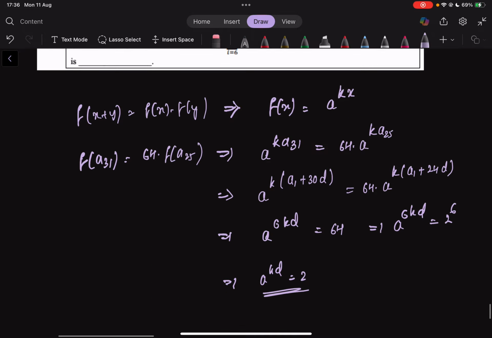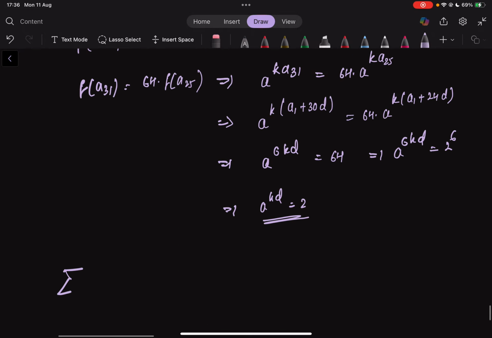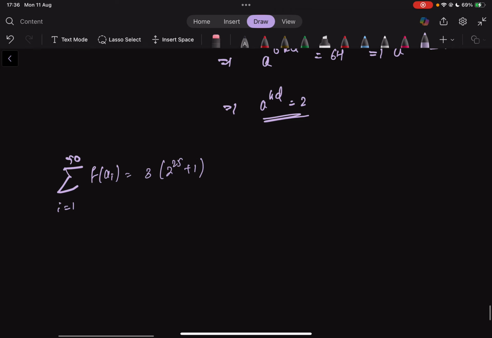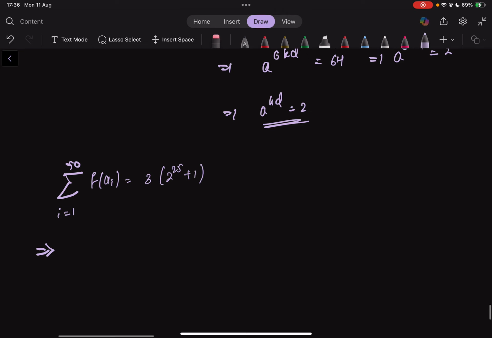So that's what we can write from f of a31 is equal to 64 times f of a25. Now it's also given that the summation of i equals 1 to 50, f of ai is equal to 3 times 2 to the power 25 plus 1. So f of x is a to the power kx, so f of ai will just be a to the power k times ai.